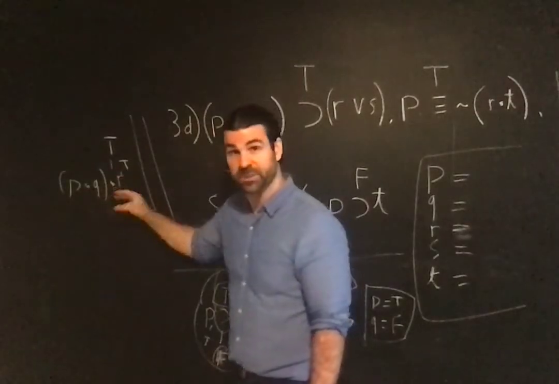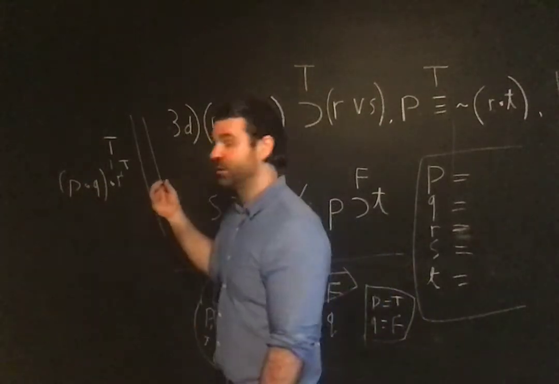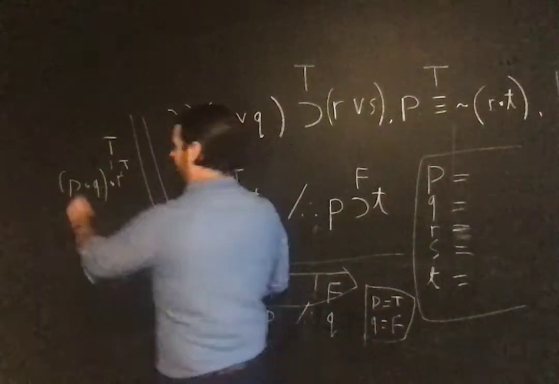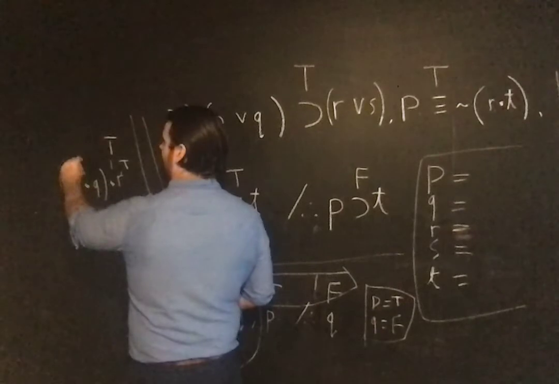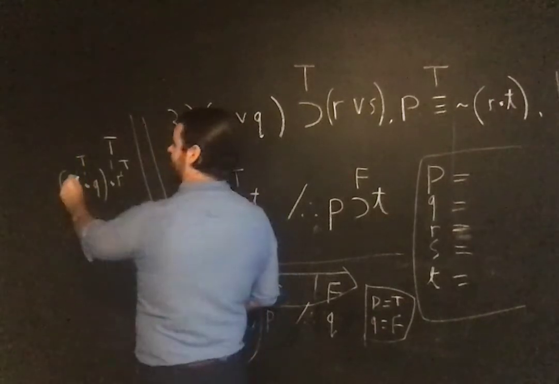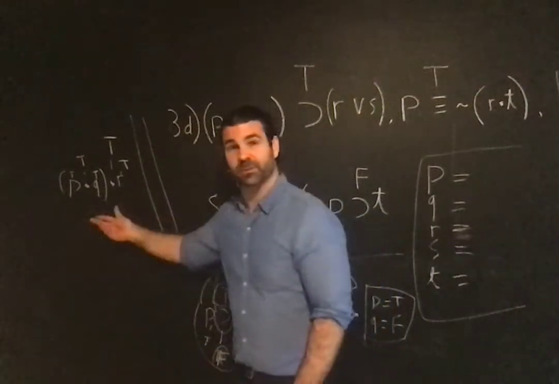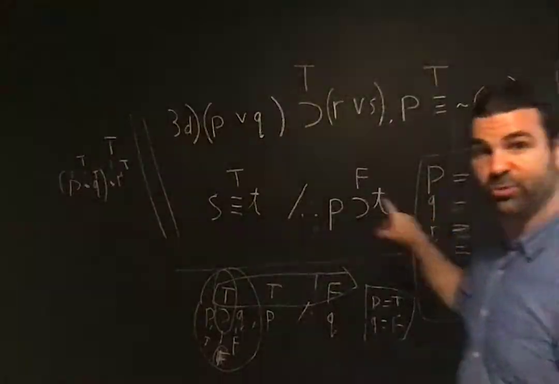And I would start with a premise because it yields for me determined truth values for not only this variable, but also these ones. This left conjunct has to be true, and it's itself a conjunction, so both these conjuncts have to be true. So it would be great if I saw that as a premise, because right away I'd be able to fill out three values, P, Q, and R, true, true, true.